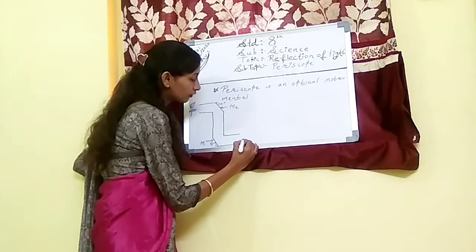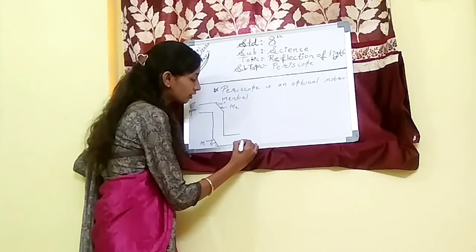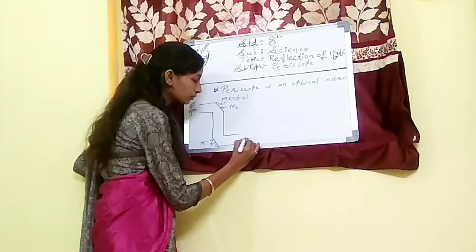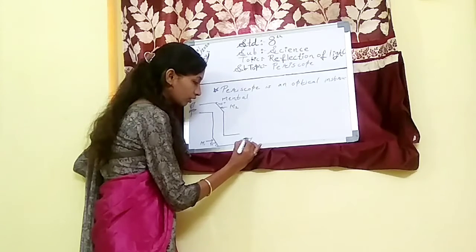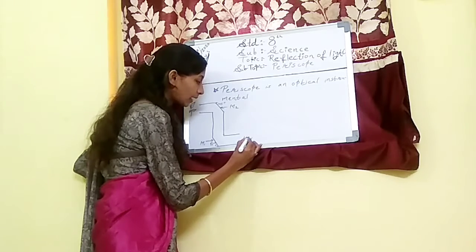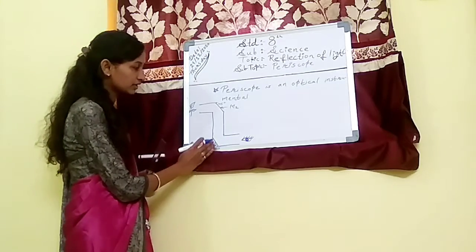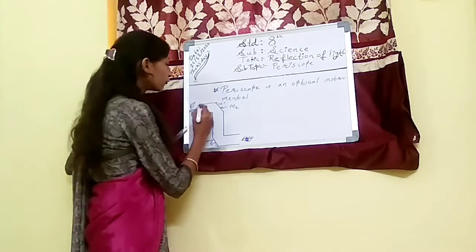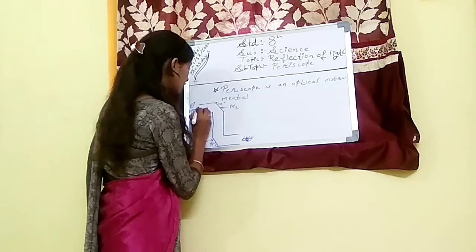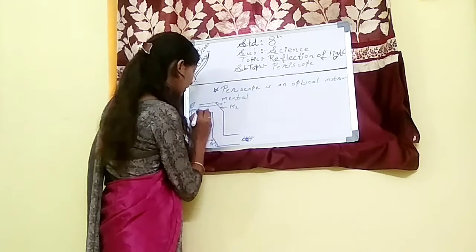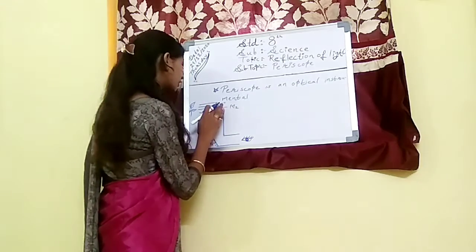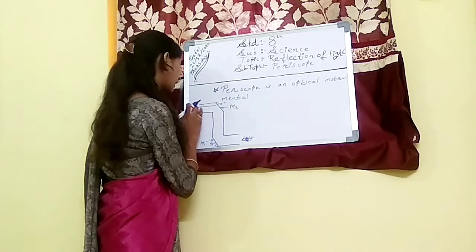Then we have to see from this side. Then what will happen? Here one mirror is there, and one mirror is here. The rays will be incident here. First of all, we'll see with one ray.